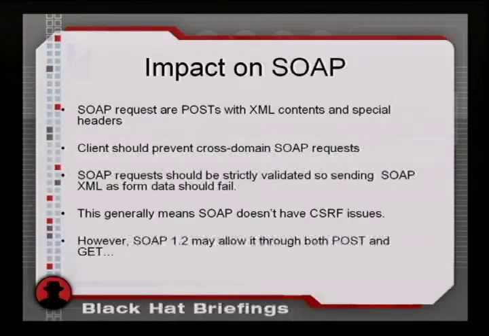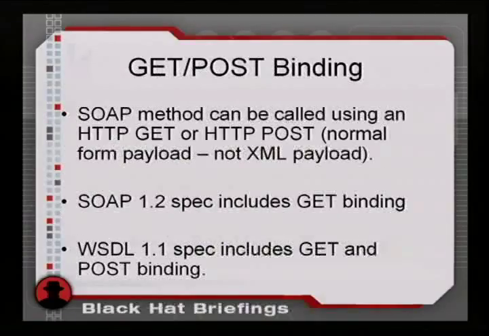However, there have been some additions to SOAP in 1.2 that can allow all of the same problems that we just discussed. So there's this idea of get and post binding with SOAP. And what this allows someone to do is call into a SOAP method using regular HTML forms.